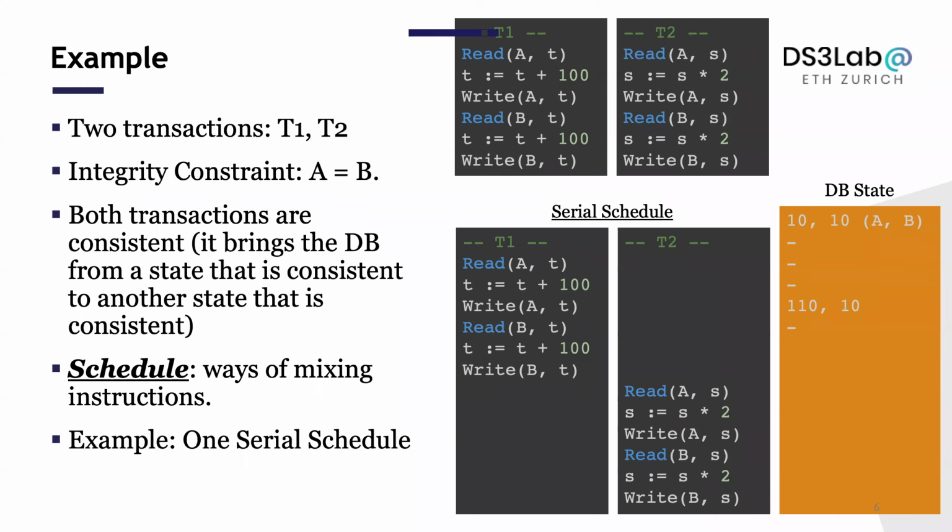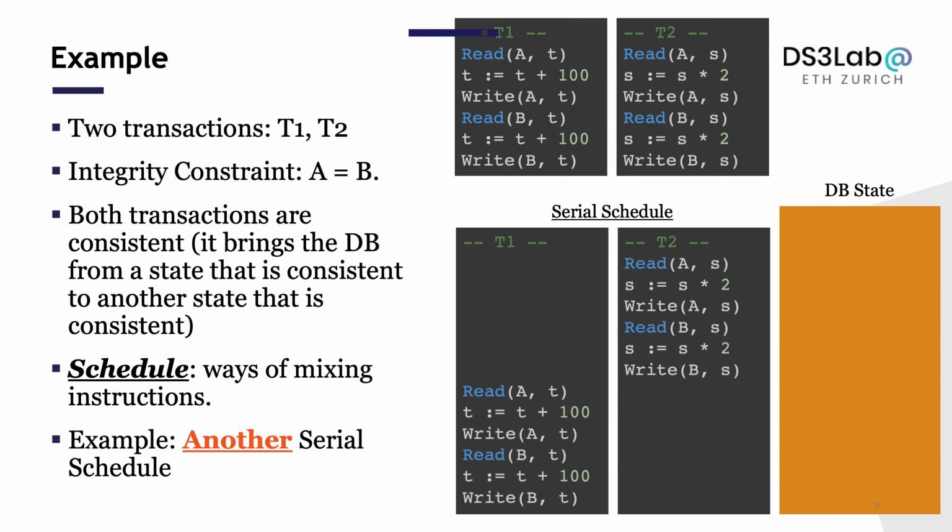You keep doing this. You read B, you increase B, you write it back, and then you start to run the first instruction from T2, right? So you're going to have a database state where A equals 220, B equals 110, and so on and so forth. At the end of the day, when you finish running this, you end up with a database state where A equals B equals 220. So this is just one example. This is one schedule, and its impact on the database state.